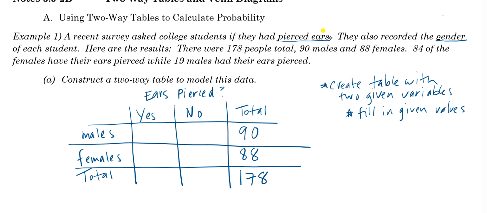And then the only other two pieces of information they said were that 84 of the females have their ears pierced. So I would go to yes, ears are pierced and they are female. And that 19 of the men had pierced ears. Okay? And then finally, what I'm going to do last is I'm going to solve for what I don't know. So solve for unknowns.